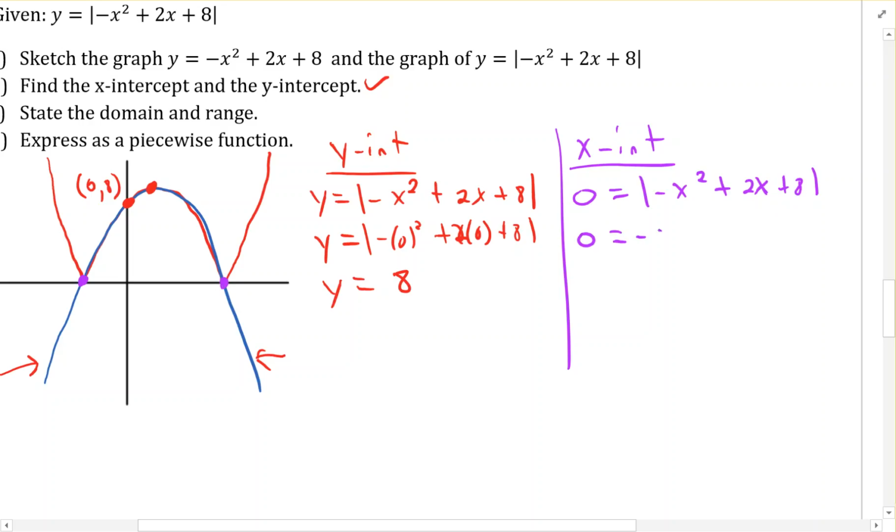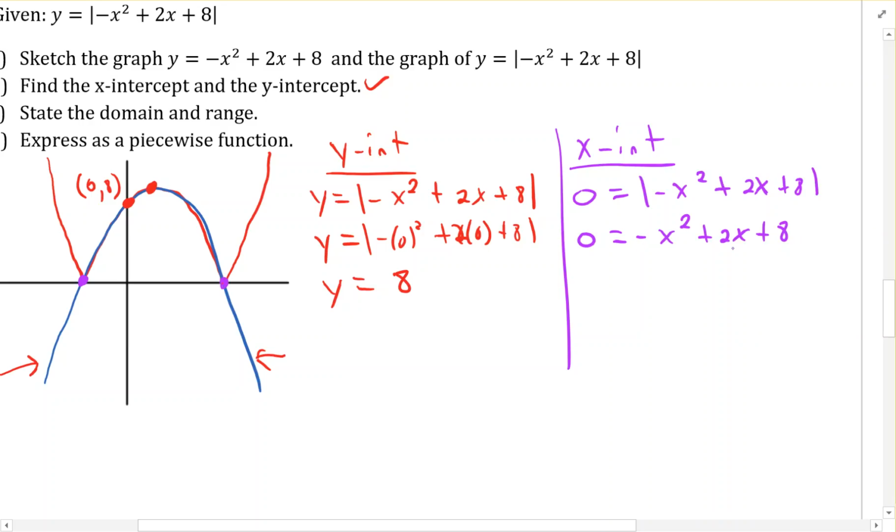So let's go: 0 is equal to negative x squared plus 2x plus 8. Now, if I'm going to factor this, I really don't like that negative symbol out front of the x squared. It just makes everything a lot more complicated. I'd have to make sure that my numbers multiply to negative 8 and add to positive 2. It would just be hard to do. You can think about this two ways. You can either move all this stuff over to the left-hand side, and that would get rid of it, or you could divide everything by negative 1.